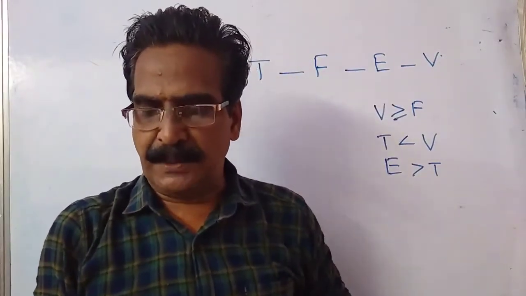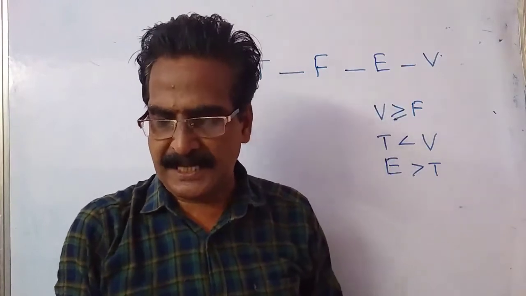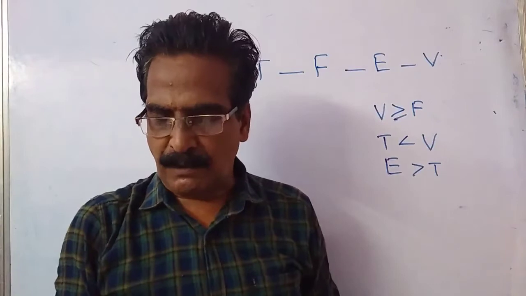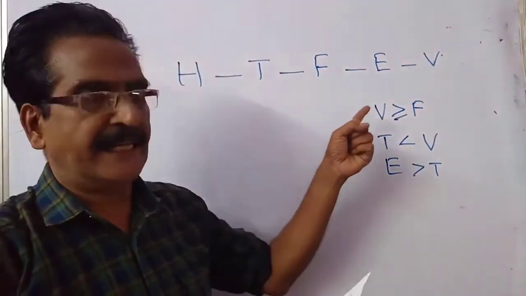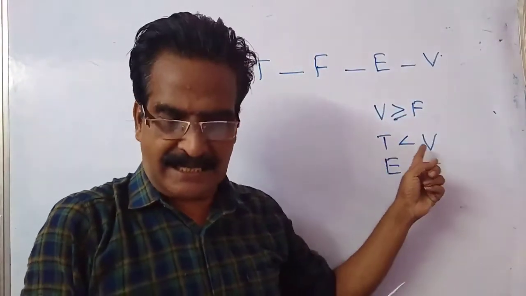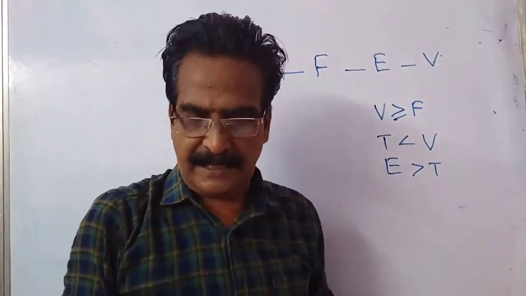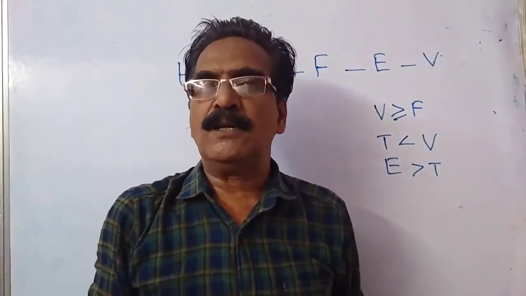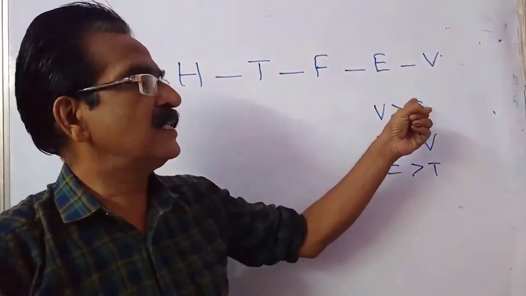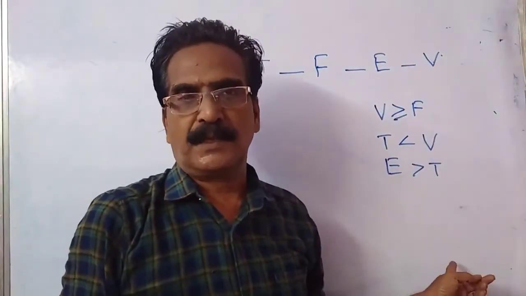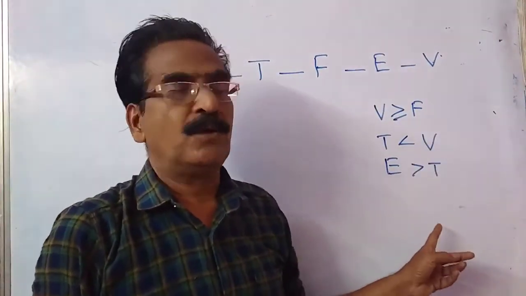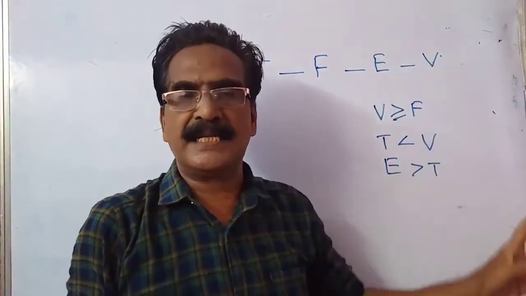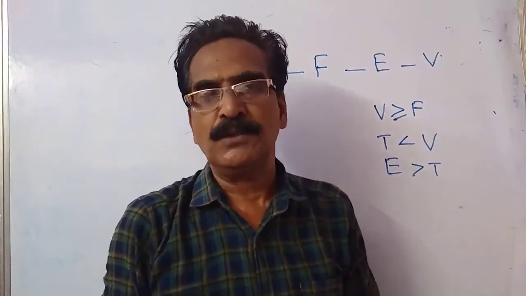Which of the given symbols can be placed in blank spaces such that all three expressions, V greater than or equal to F, T less than V, E greater than T, definitely hold true? So if these three conclusions are true, what symbols can be placed in the blanks?